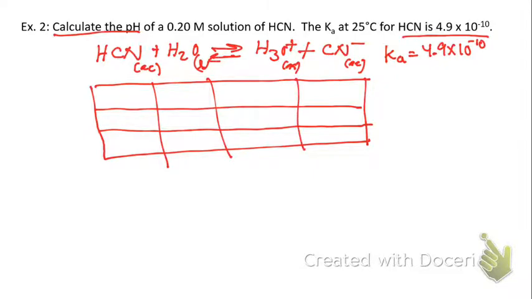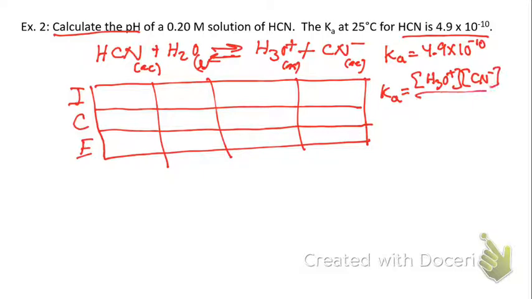So initial concentration, change, and equilibrium concentration. Now, what is the equilibrium expression? Ka for this should be the hydronium ion times the conjugate base over the weak acid.